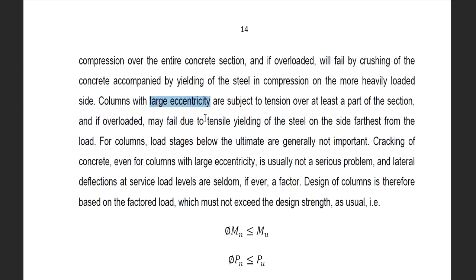Okay, in service load, whenever there is a large eccentricity and concrete is cracking, at that point you should not worry about that, because due to large eccentricity, some part of the column will be on the tension side, and the column will fail by tension. Okay, so that's what this paragraph says.